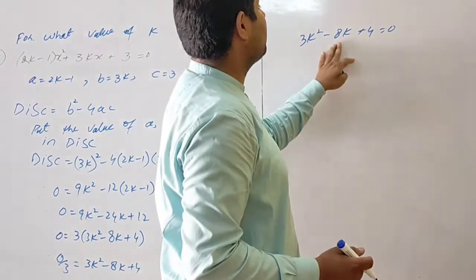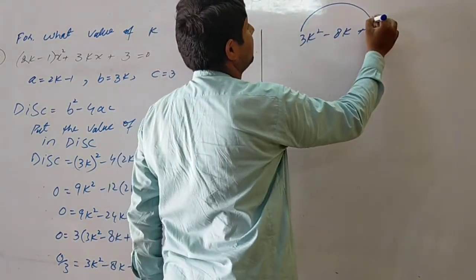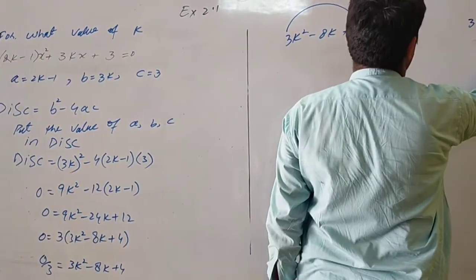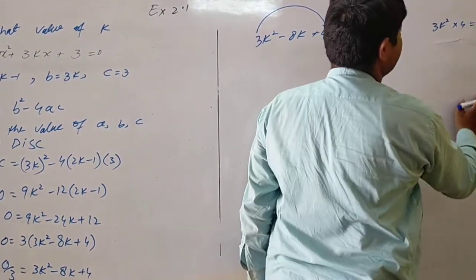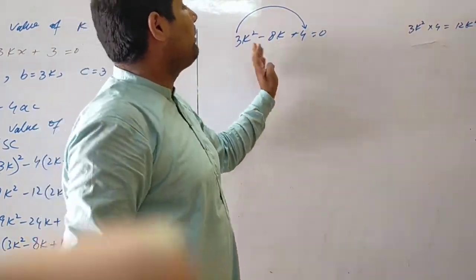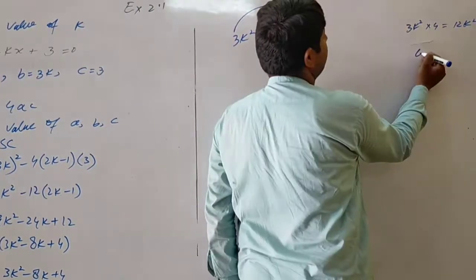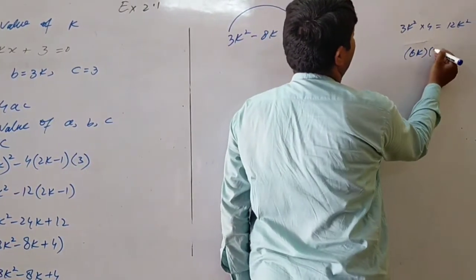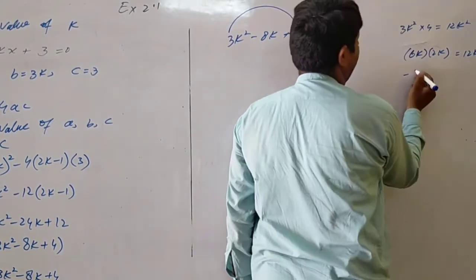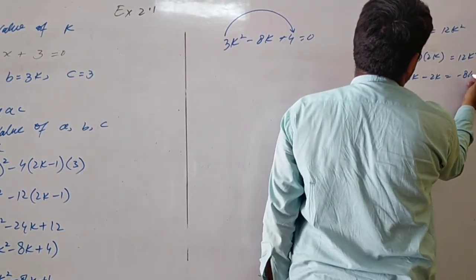Find the factors of this equation. Multiply 3k square by the last term 4, which is equal to 12k square. Find such factors whose sum is minus 8k and whose product is 12k square. It means minus 6k and minus 2k: the product is 12k square and the sum is minus 8k.